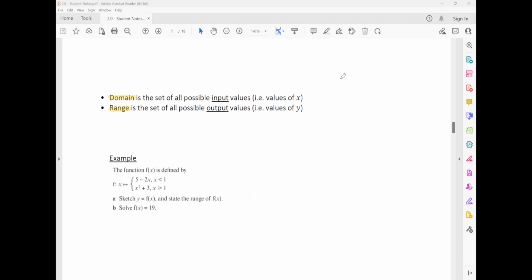Now, if we draw a simple illustration, let's say we have a graph like this. Let's make up -5, and here we've got 3, and then we've got 0. The domain is the part on the x-axis. The graph connects from -5 onwards. Therefore, the domain for this graph will be x greater than or equal to -5.